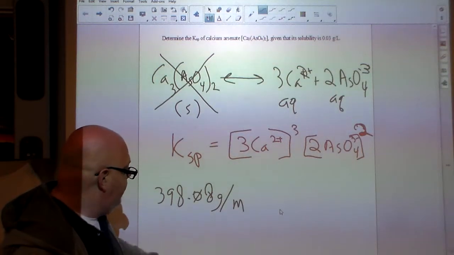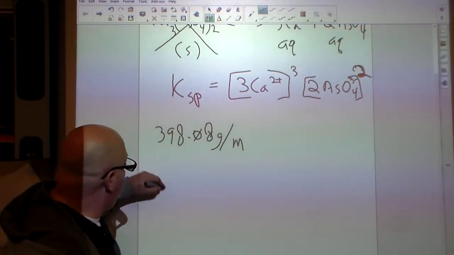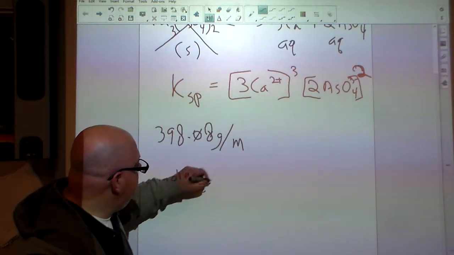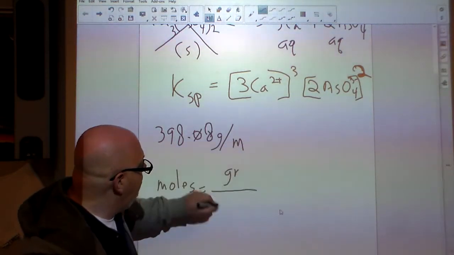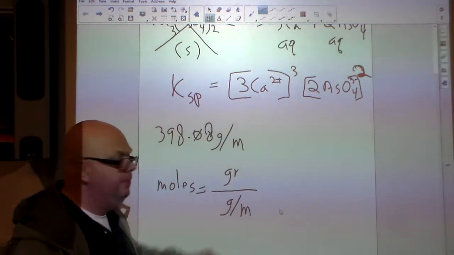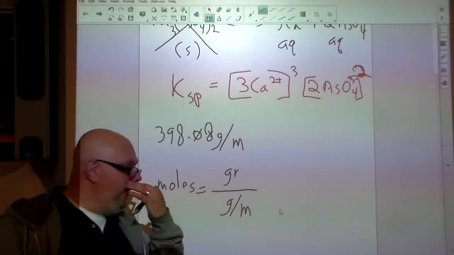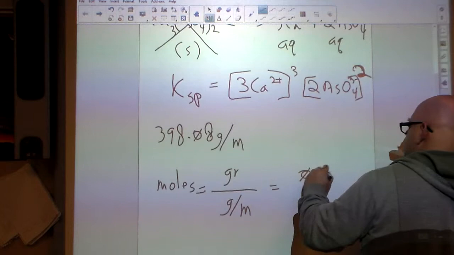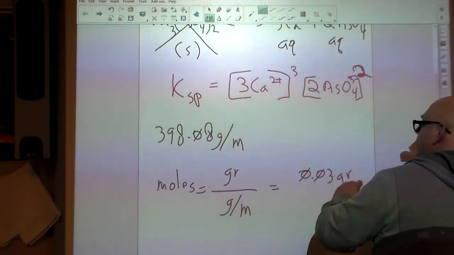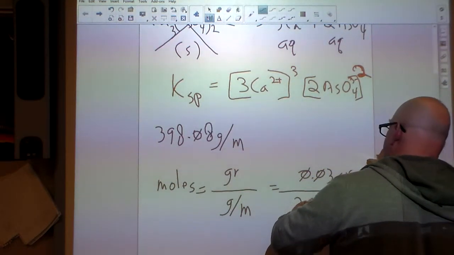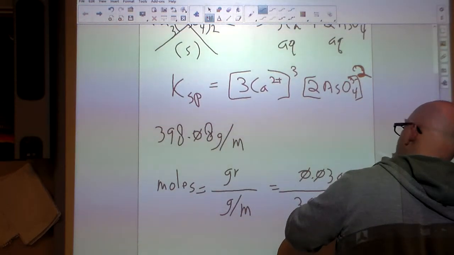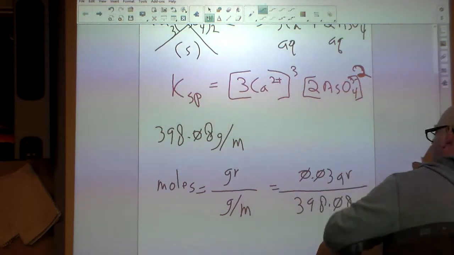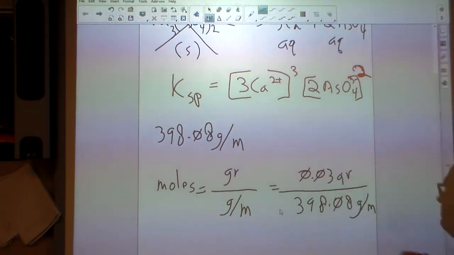For us to find the moles, it's going to equal the grams you have over the grams per mole. That would be kind of an important thing. So that's 0.03 grams over 398.08 grams per mole.